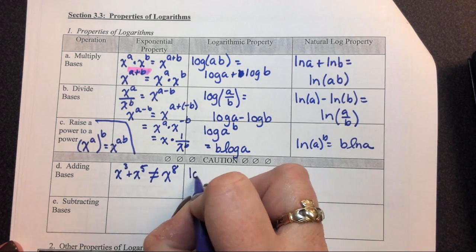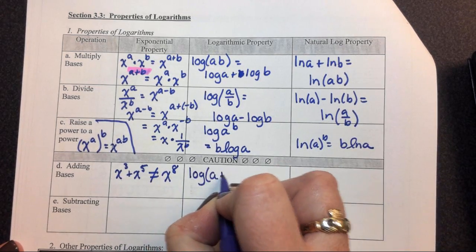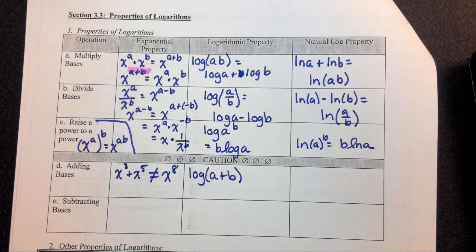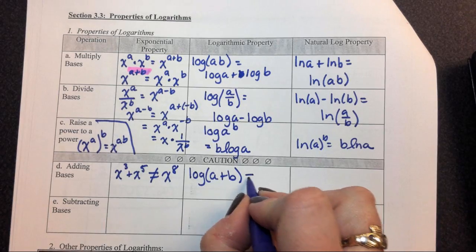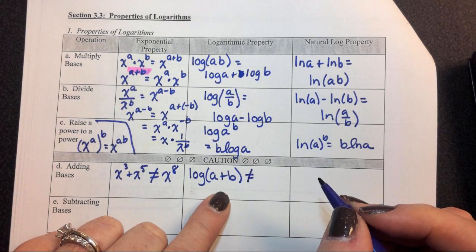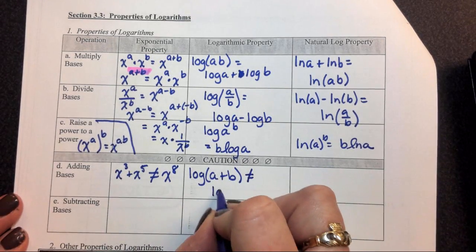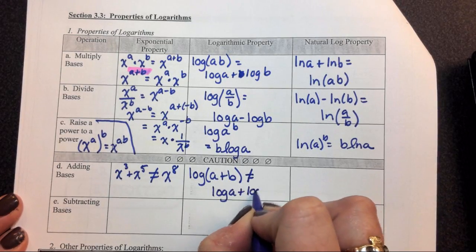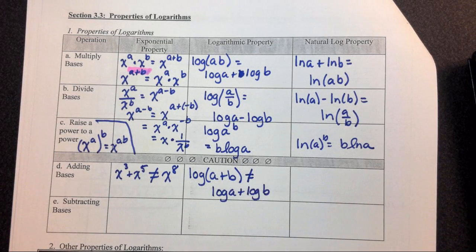When you have the log of a sum, when you have an addition sign inside of a logarithm, you're stuck. Unless you can do some factoring and write it as some kind of product, you cannot do any more simplifying with this sum. This is not equal to the log of A plus log of B. You cannot split up the addition.